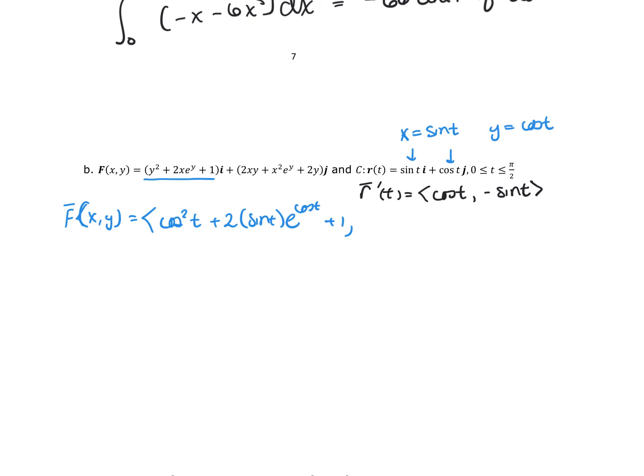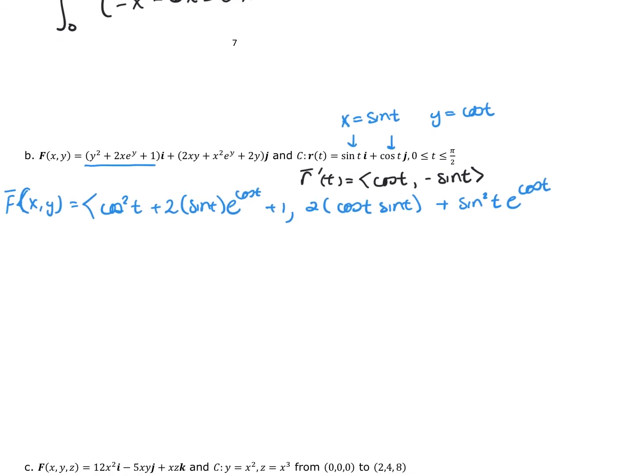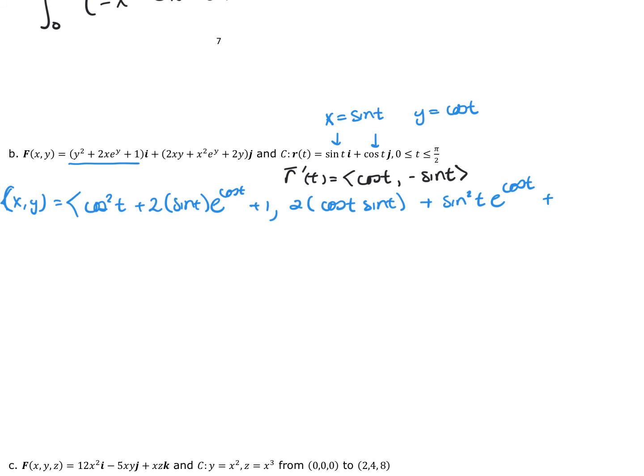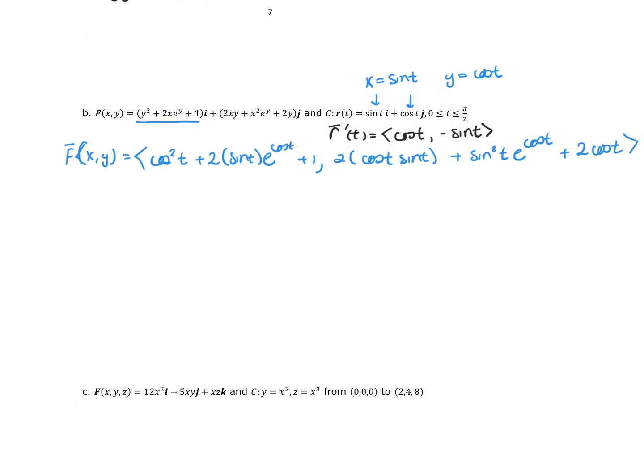And then in my j direction, I'm going to have 2 cosine of t sine of t, plus x squared, which is sine squared of t, e raised to the cosine of t, plus 2 cosine of t. So that's my vector f with that parameterization.